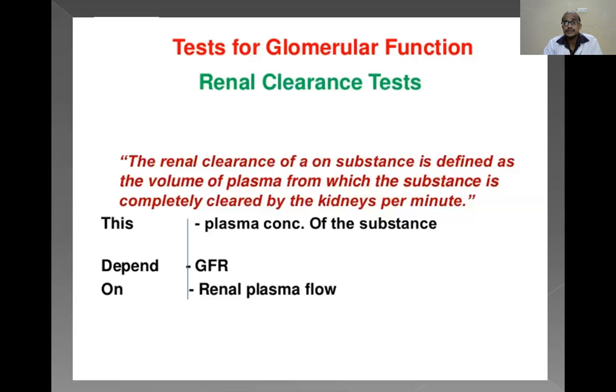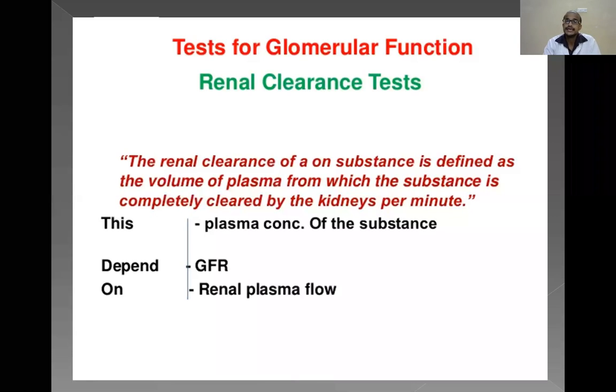And coming to the estimation of glomerular function of the kidney, or filtration function of the kidney, that is assessed by renal clearance tests. So what are these clearance tests?